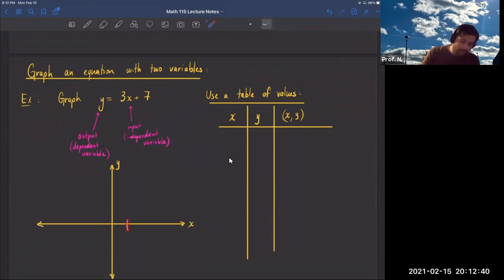I want the x values to be around this region. So if this is 0, this is 1, 2, 3, 4. Having numbers between maybe -3 and +3 for x values is a reasonable set of numbers. So I'm going to start with -3 and then work my way up. So this is -3, -2, -1, 0, 1, 2, and 3.